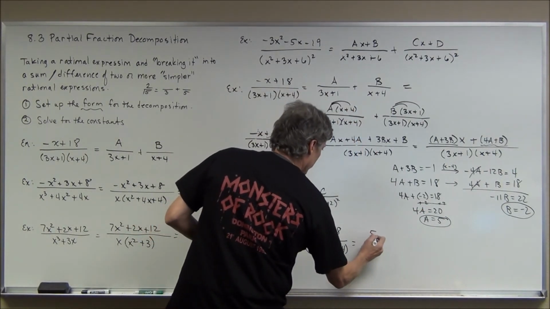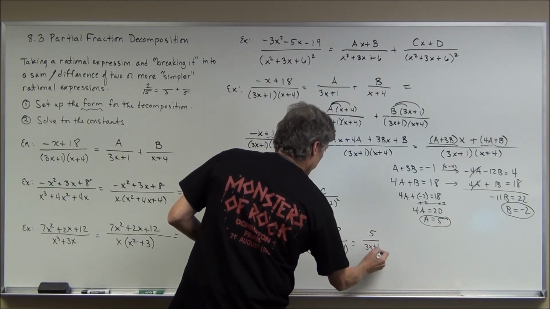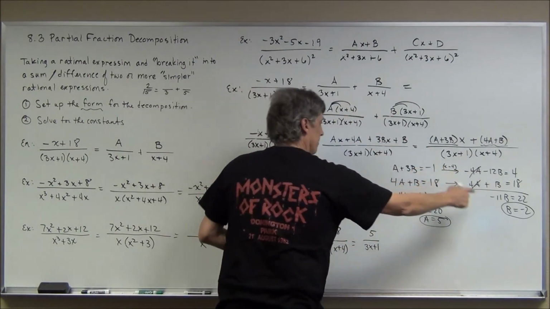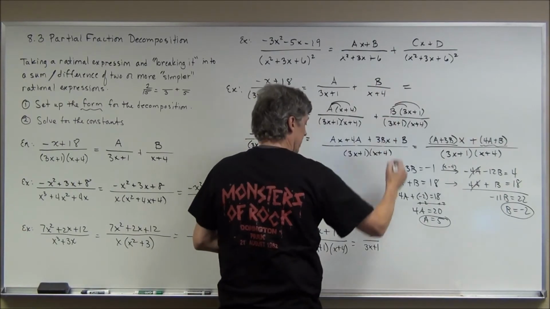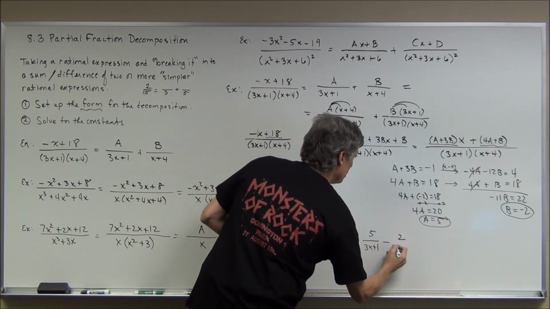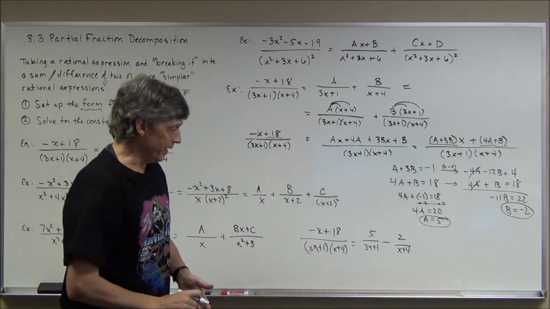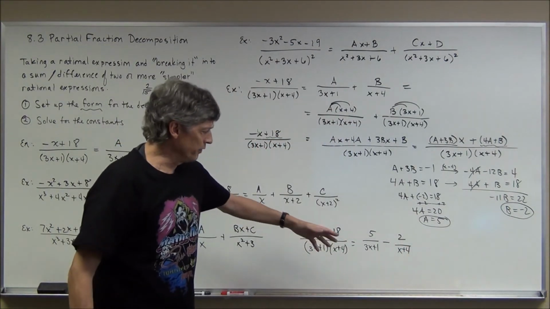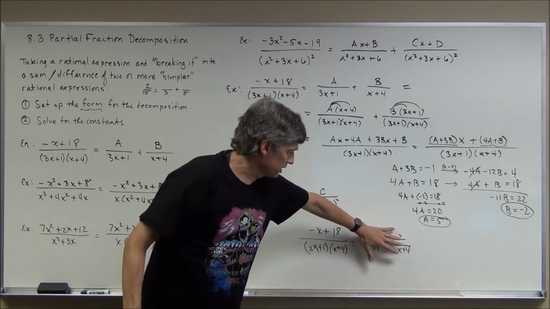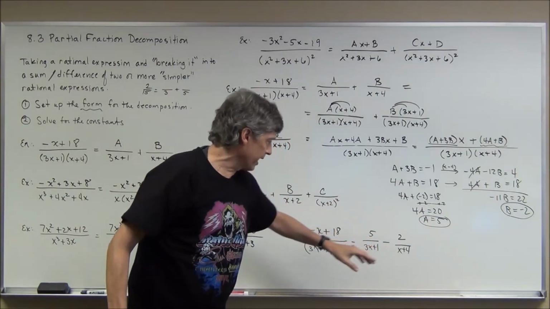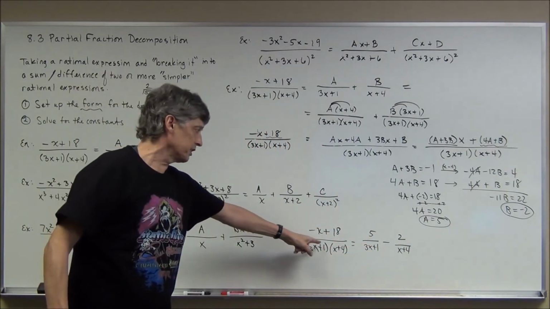So that's 5 over 3x plus 1 plus, and then b is -2. So to be plus and negative, I'm just going to write minus 2 all over the denominator of x plus 4.